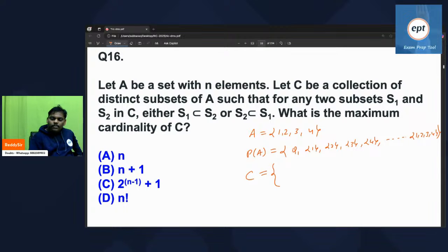Let me check. I will take phi, one subset, in C. One more I will take, 1, because phi is a subset of 1, of course. Okay, fine. So what about 2? Can I take 2 or not? Let's check.